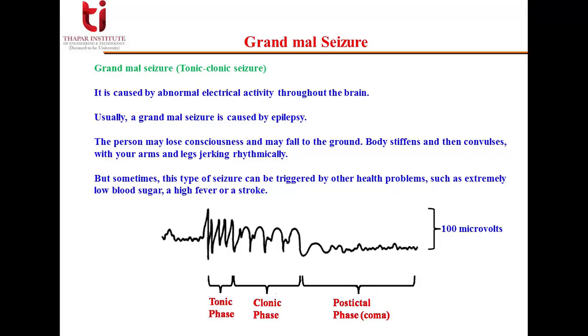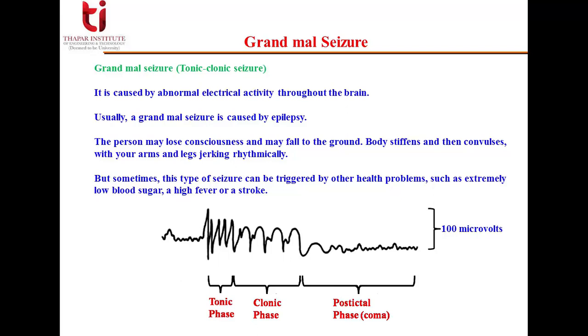If you see the EEG pattern for this grand mal seizure, it is divided into three phases: tonic phase, clonic phase, and postictal phase, that is mainly the phase of unconsciousness, we can say coma. Tonic basically refers to sudden stiffness of limbs; the person loses balance and falls. It lasts for less than 20 seconds.